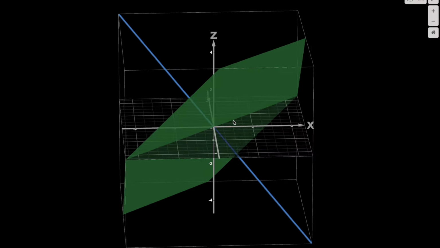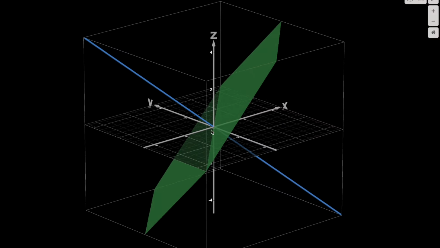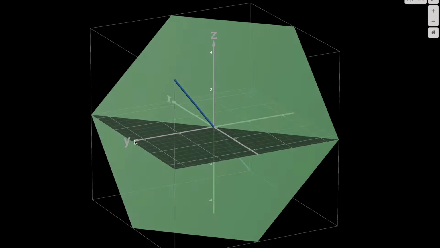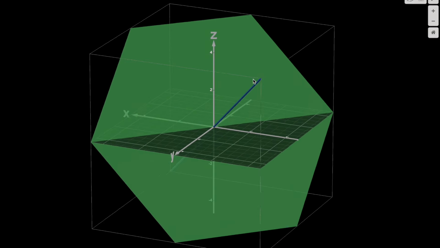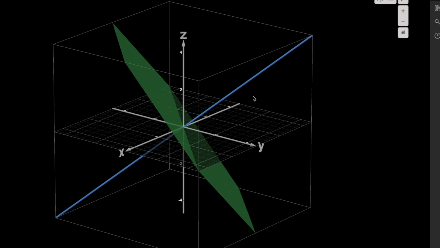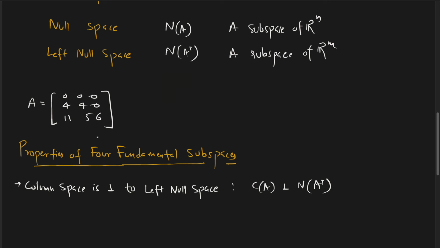Now you can also see that the null space, the blue line, is perpendicular to this green plane, that is the row space. So the null space is also orthogonal to the row space. This is the second property. This is not by accident, or just for this matrix A. For any matrix, the row space is perpendicular to the null space.